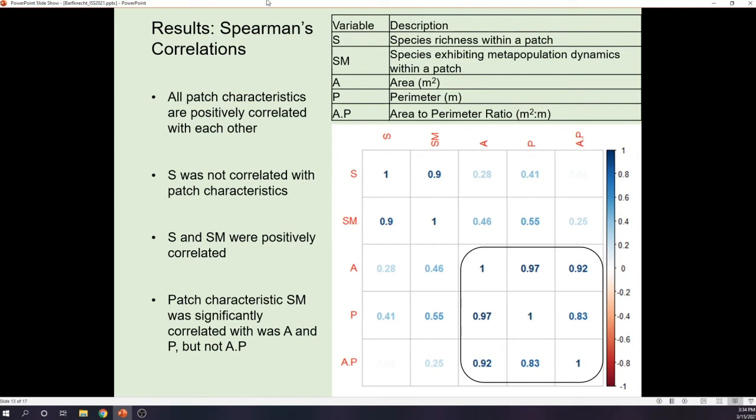I don't think it's surprising that area and perimeter from a simple geometric point of view are correlated, because the larger shape you have, the more area you have, and therefore you also have typically a larger perimeter regardless necessarily of shape size. But I think the fact that area and perimeter ratio also increases points to the fact that larger shapes tend to also be more regularly shaped.